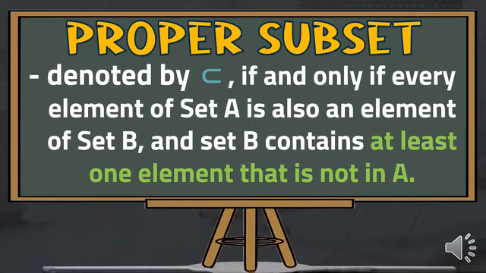It applies if and only if every element of set A is also an element of set B, and set B contains at least one element that is not in A. A proper subset of a set A is a subset of A that is not equal to A. In other words, if B is a proper subset of A, then all elements of B are in A, but A contains at least one element that is not in B.